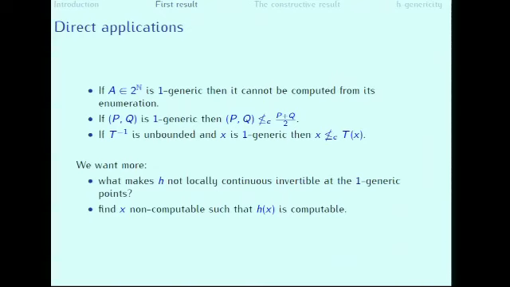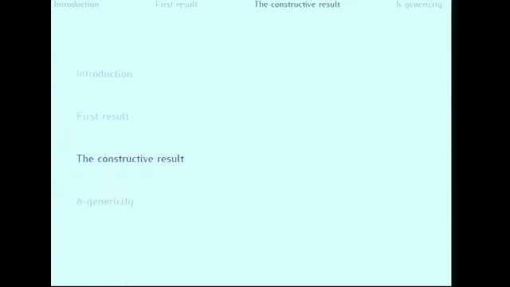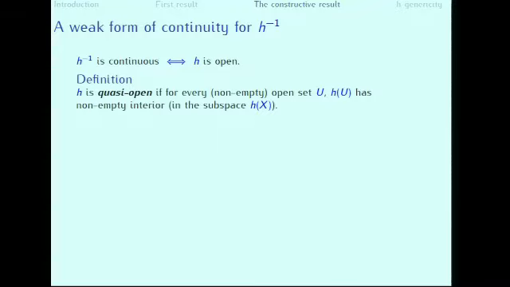So actually, we have to define another notion which I present now. So first remark, the inverse of h is continuous if and only if h is open, which means it maps an open set to an open set. So a first weakening of this notion is h is quasi-open if the image of every open set, so maybe it's not open, but it has non-empty interior.